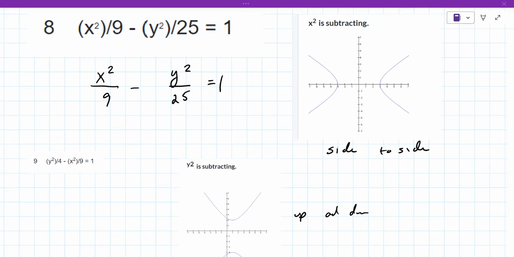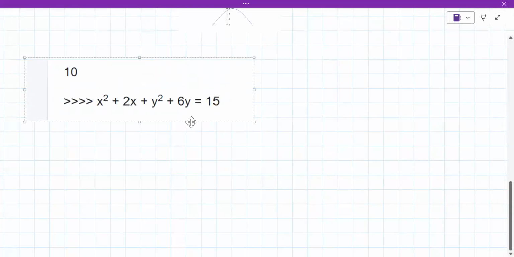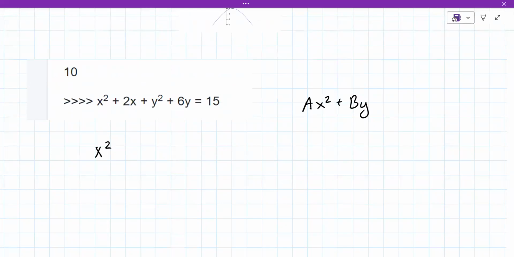So 10 has 3 parts, unfortunately. So standard form means to put everything on one side of the equation. So it would be x squared. And actually your instructor, let's make sure I follow. So the standard form is ax squared plus by squared plus cx plus dy plus e equals 0.